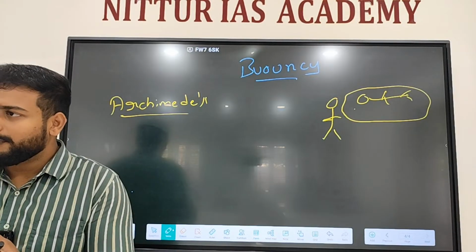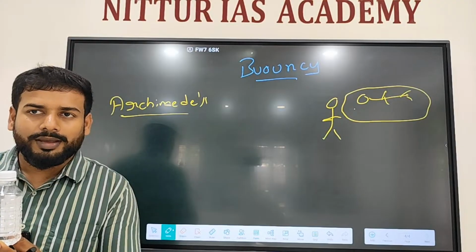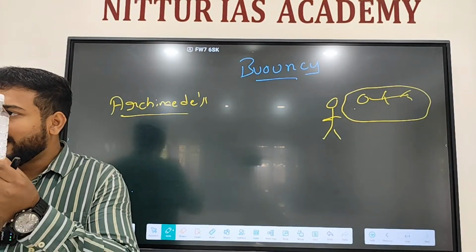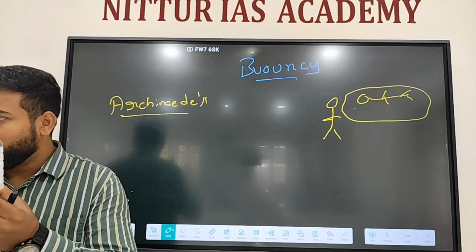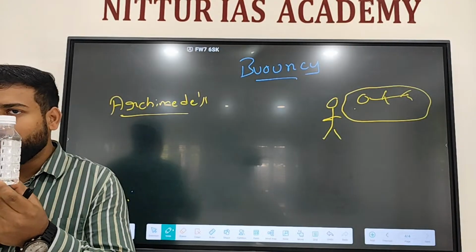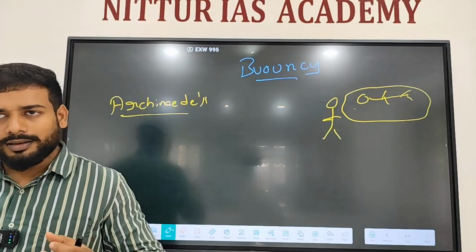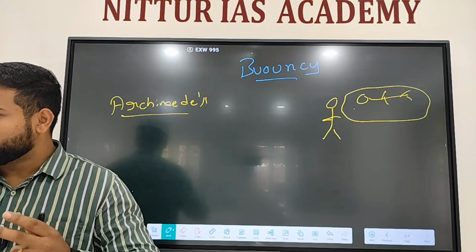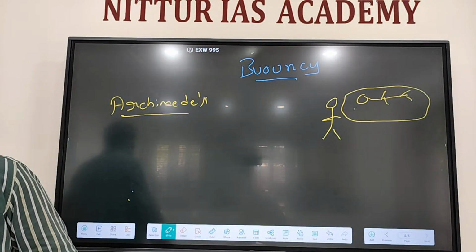Less weight, maybe 0.001 milligram. That much upward force will act on this water bottle. But the weight of this water bottle is much more than the weight of the air in the place. That's why it will fall.